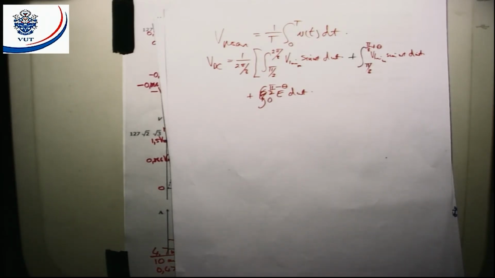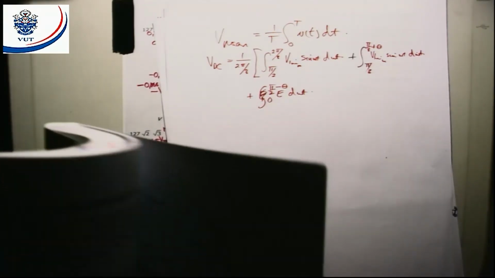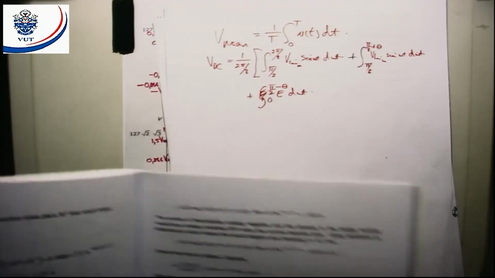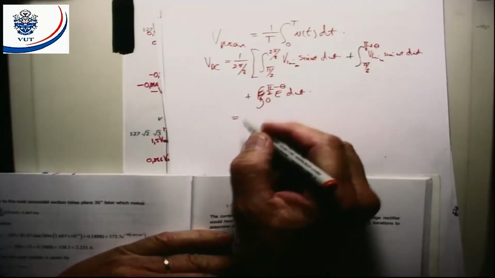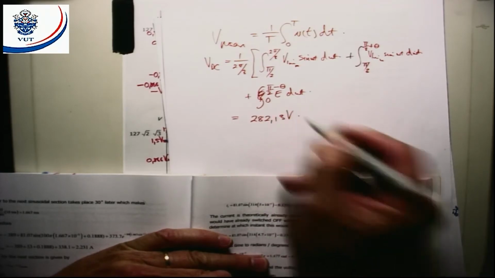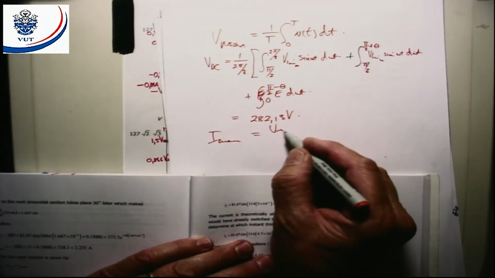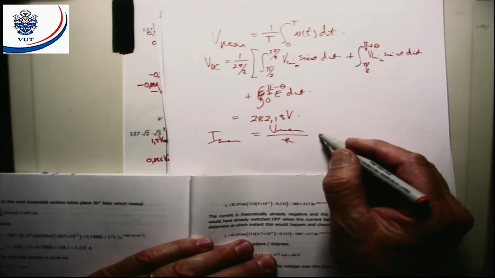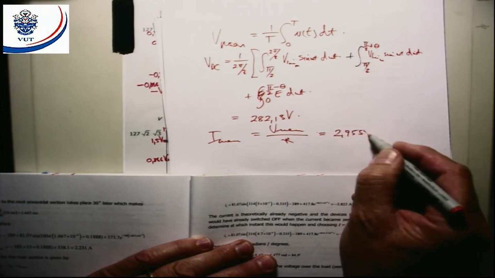And then our answer, if we've done the integration sum and put in the limits correctly, then we get that V mean is equal to 282,13 volts. To get to the mean current, I take the mean voltage, I divide by R, and the answer is 2,955 amp.